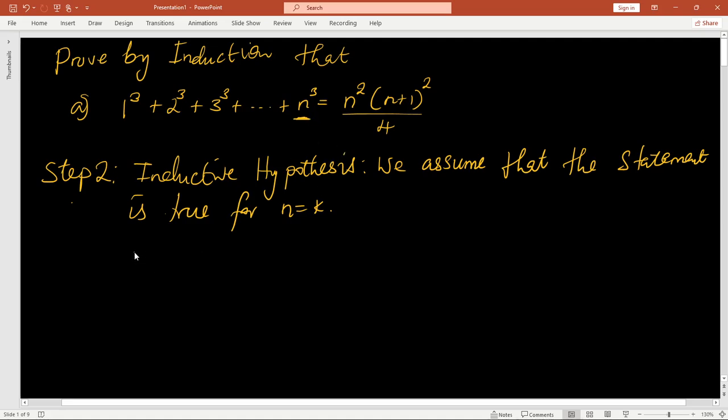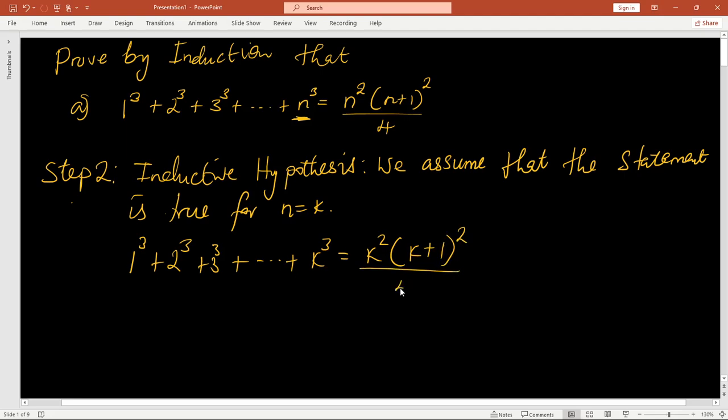So this becomes 1 cubed plus 2 cubed plus 3 cubed plus up to, where there's n here, we're going to substitute with k. So we're going to have k cubed equal to k squared, (k plus 1) to the power 2 divided by 4.